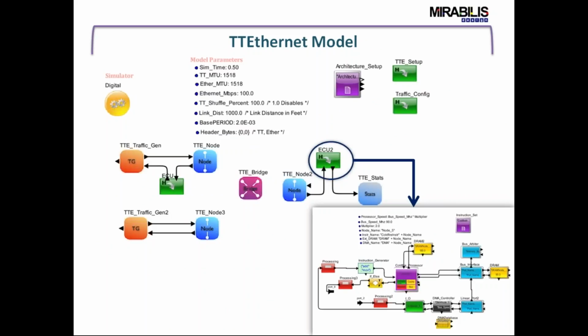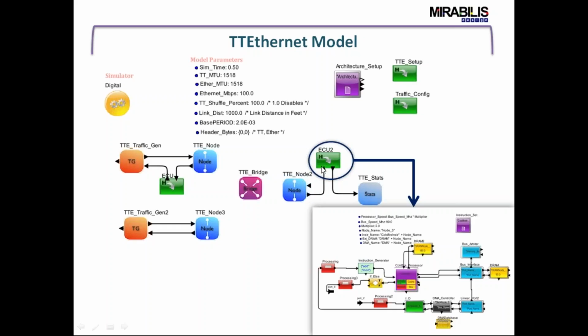Okay, and here if you look at the TTEthernet model, again, we provide a set of library blocks to quickly model your TTEthernet network itself, and it mainly includes nodes, bridges and traffic generators.